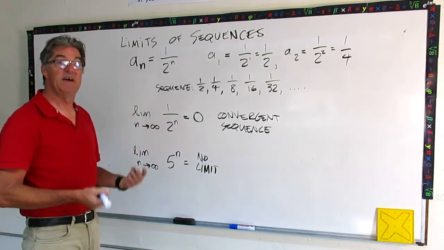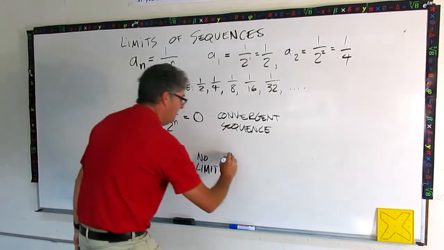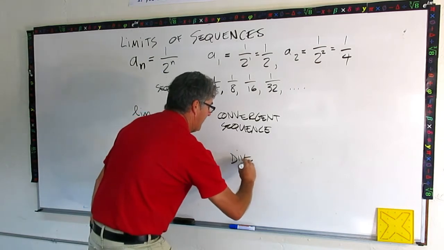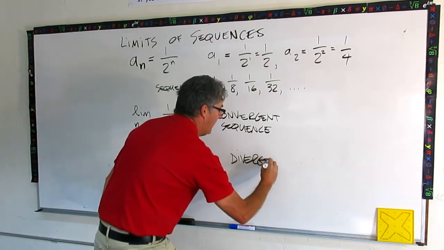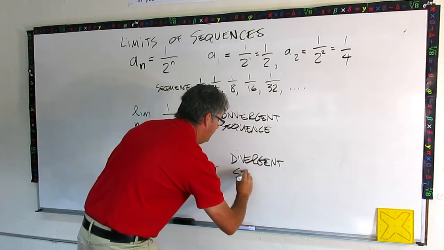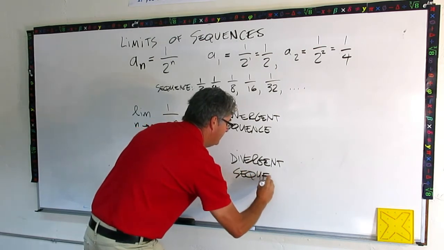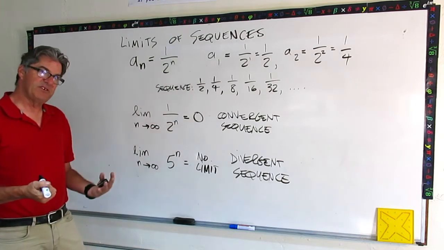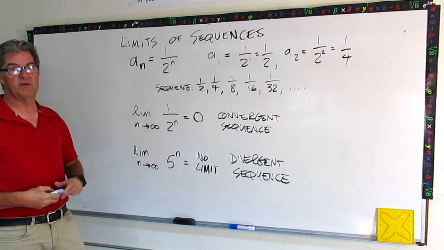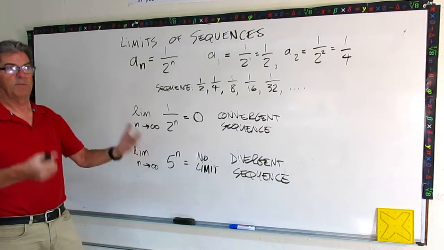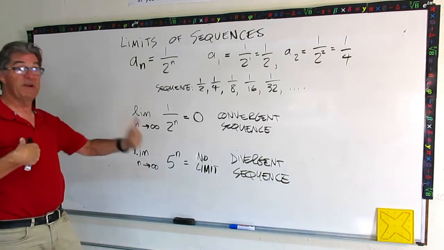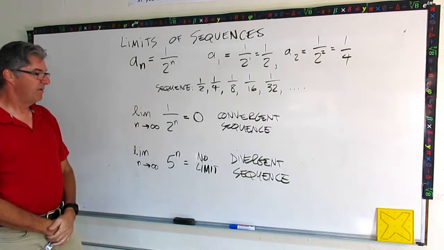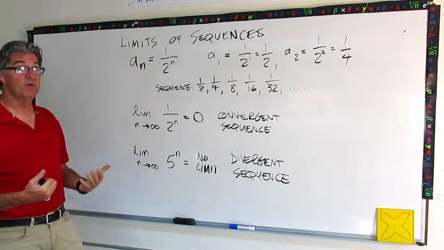So this is called a divergent sequence. There's no limit with a divergent sequence. It just goes and goes. It gets bigger and bigger, or smaller and smaller, or bigger in the negative direction, but it doesn't approach a number, so there's no limit.